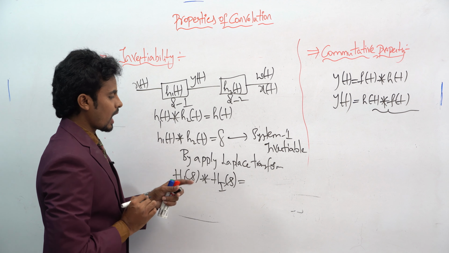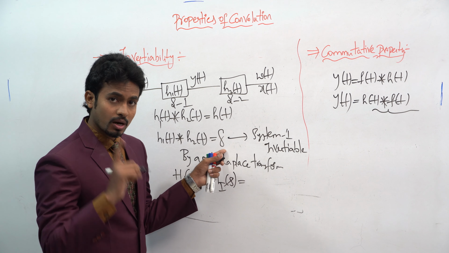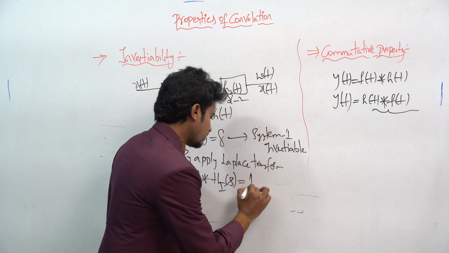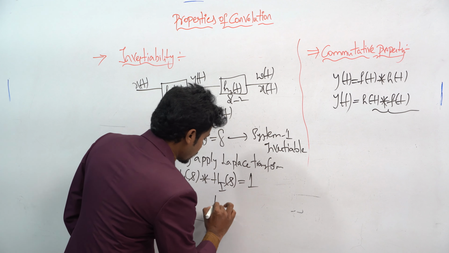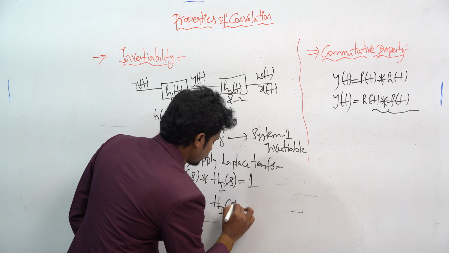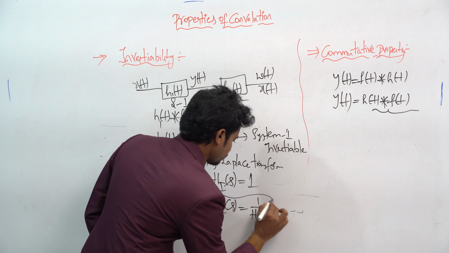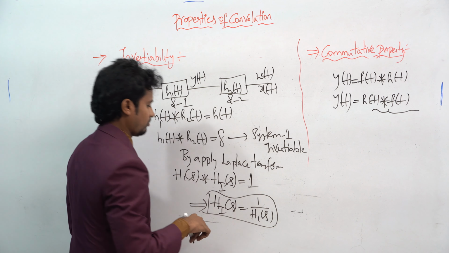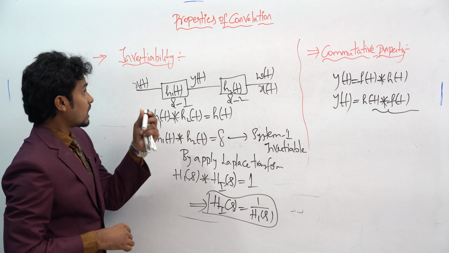When you apply the Laplace transform to the delta function, it becomes 1, right? Then it becomes 1. So hi of s will be equal to 1 divided by h1 of s. Okay, this was the invertibility for the convolution.